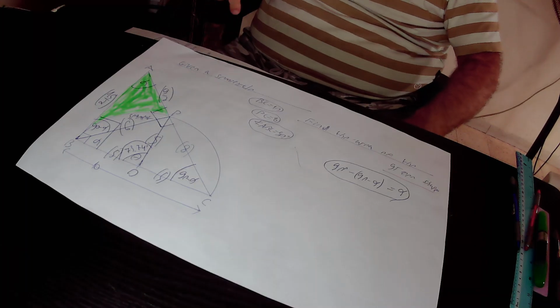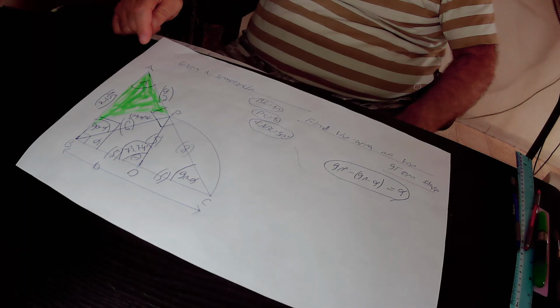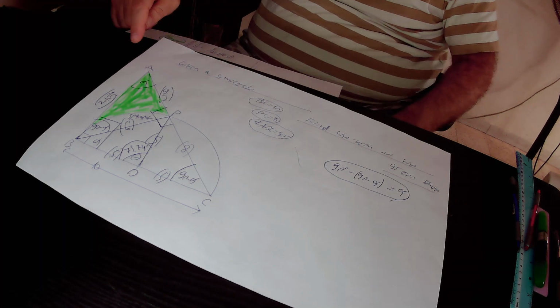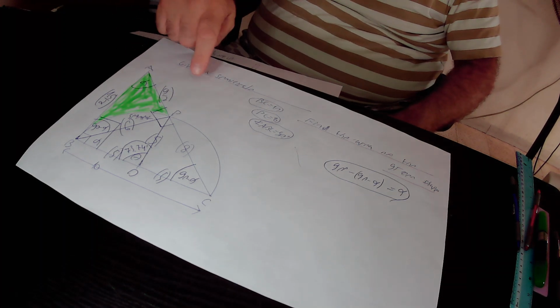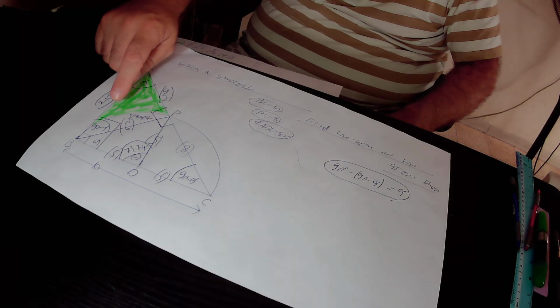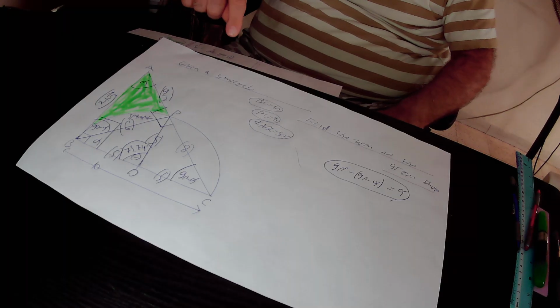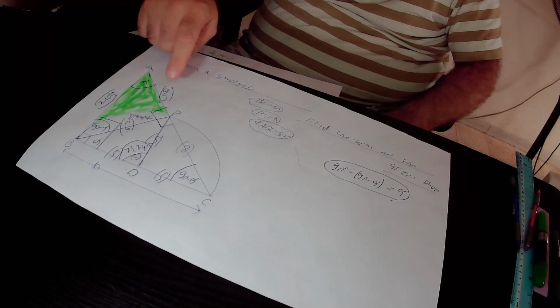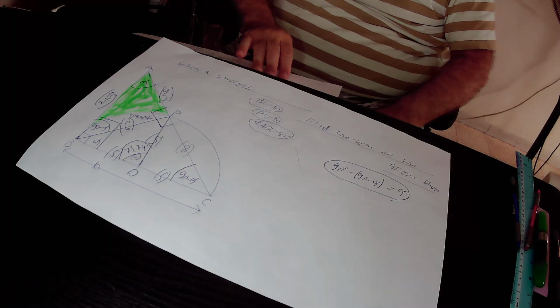Side AB of the right triangle APB over side BC of the right triangle PBC is equal to side AP of the right triangle APB over side PB of the right triangle PBC, and it is also equal to side PB of the right triangle APB over side PC of the right triangle PBC.